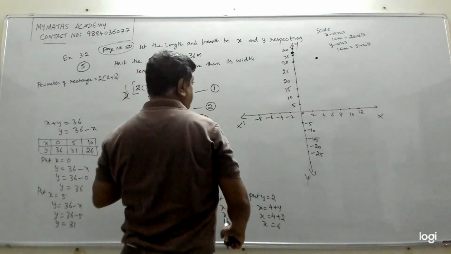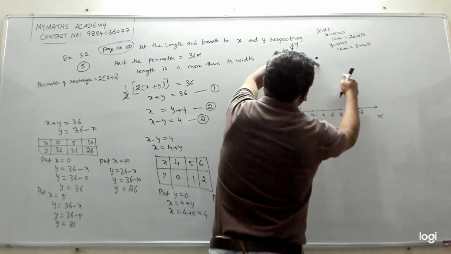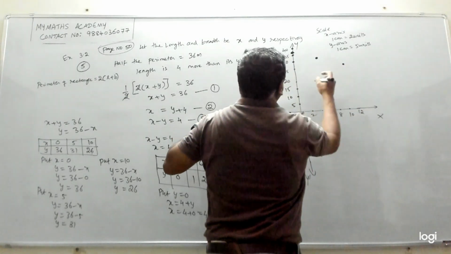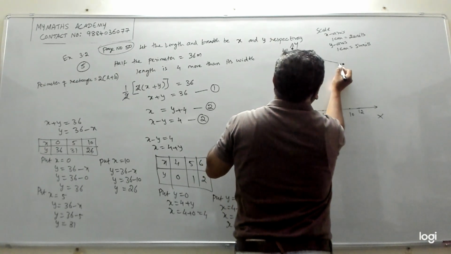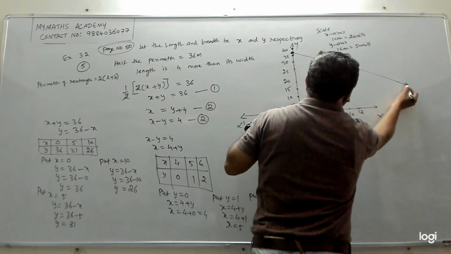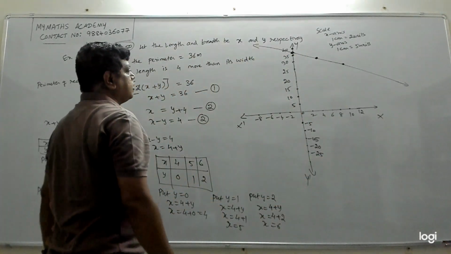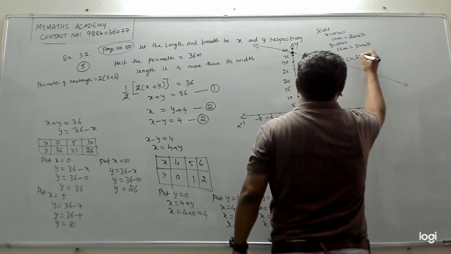Then 10, 26. 10 is here. 26 will come somewhere little above 25. So this point will be 10, 26. Now join all this. Right? Extend this line. So this point is 10, 26.